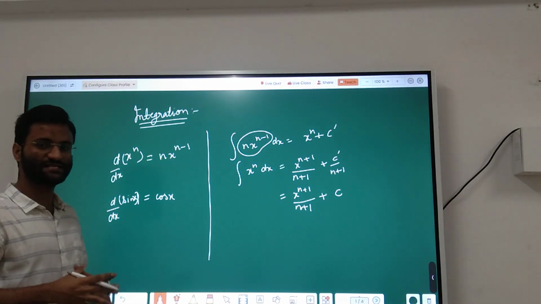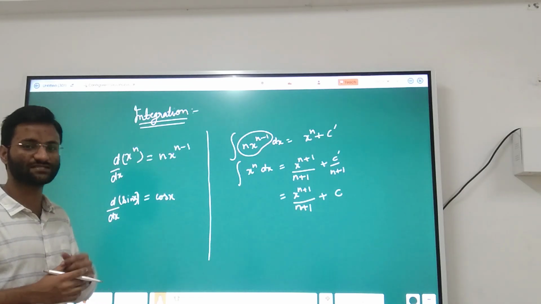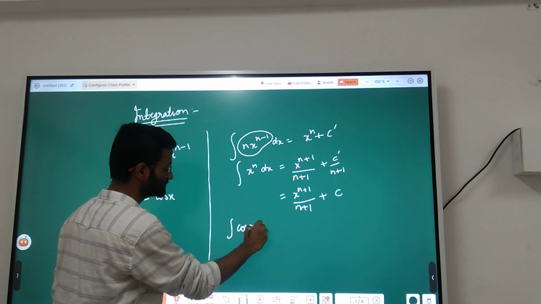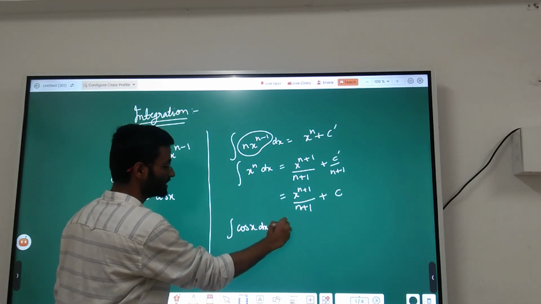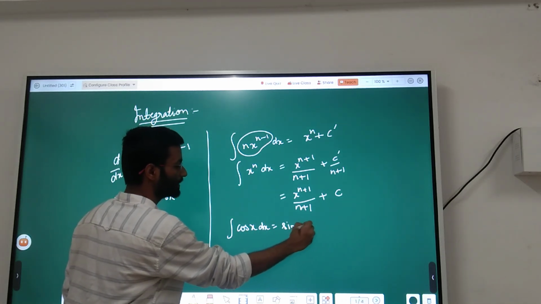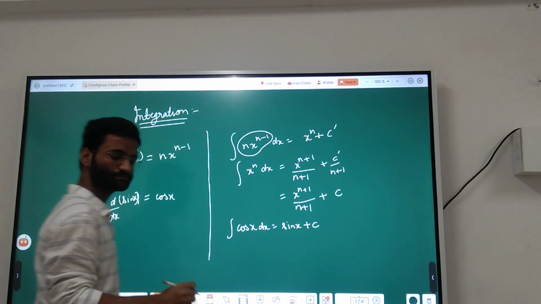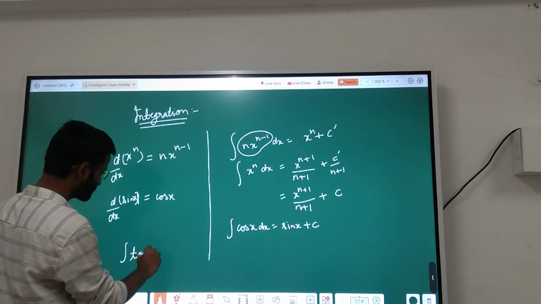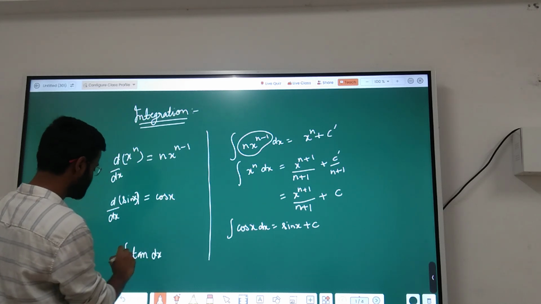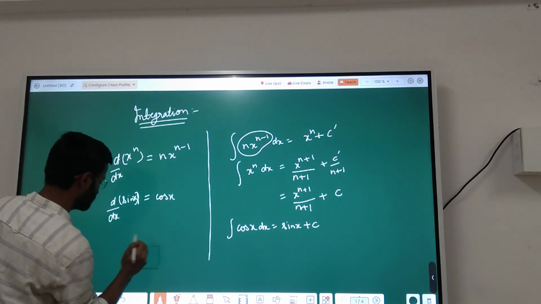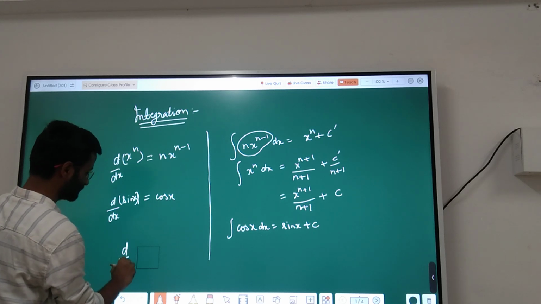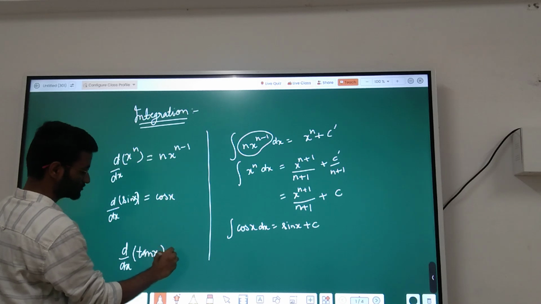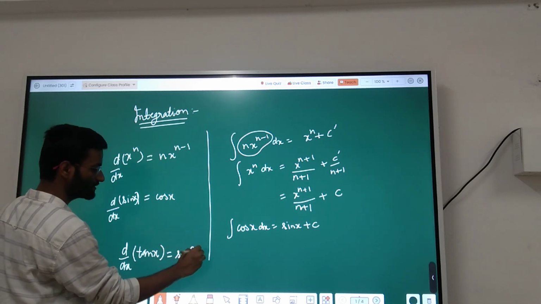Now come to the differentiation of sin x, which is cos x. So I can say that the integration of cos x dx is going to be sin x plus c. If I ask the differentiation of tan x, d/dx of tan x is going to be sec square x.